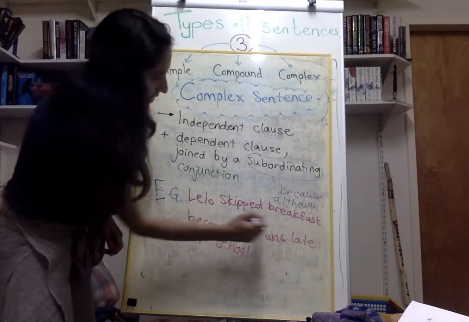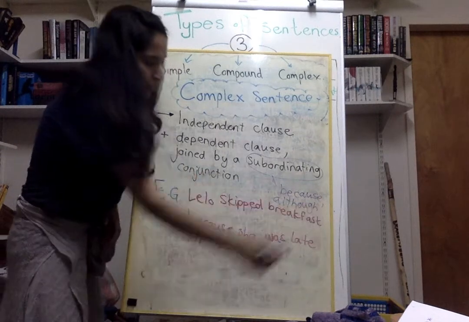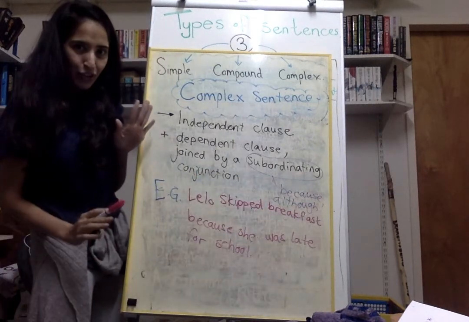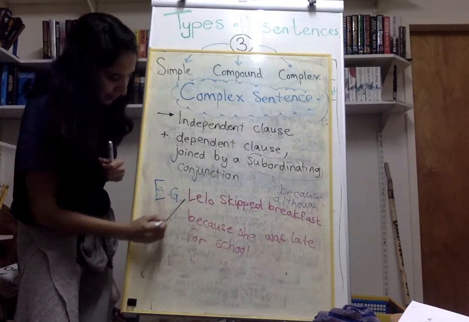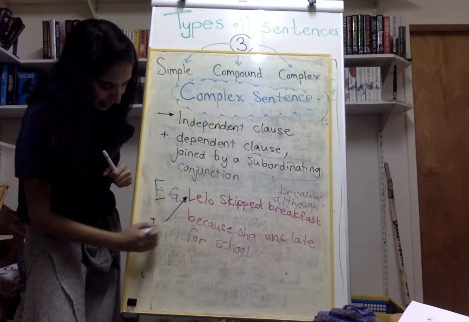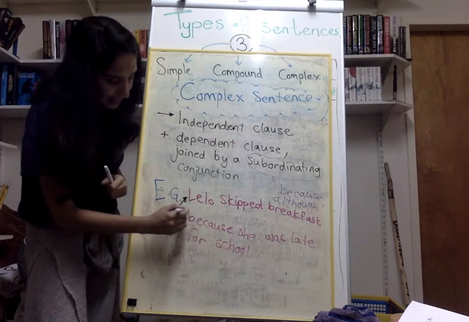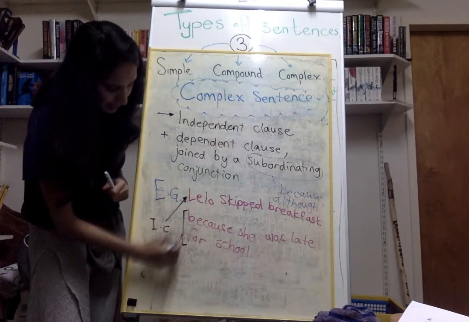Lelo skipped breakfast. That first part is our independent clause or simple sentence. You can put a full stop there. It can stand on its own. I'm just going to put IC for independent clause. And this part here is our dependent clause or our subordinating clause.